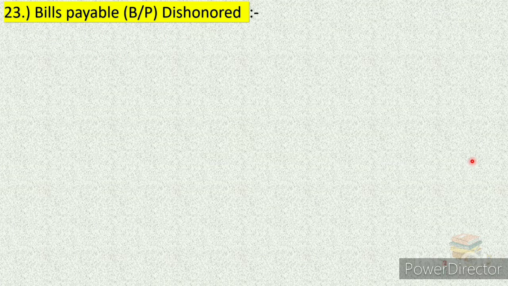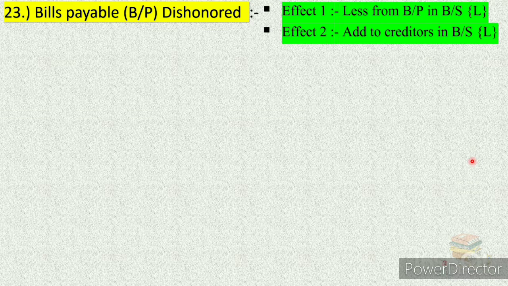Similarly, in adjustment 23rd, which is bills payable, also known as B/P, dishonored. The first effect is less from bills payable in balance sheet liability side, second effect add to creditors in balance sheet liability side.